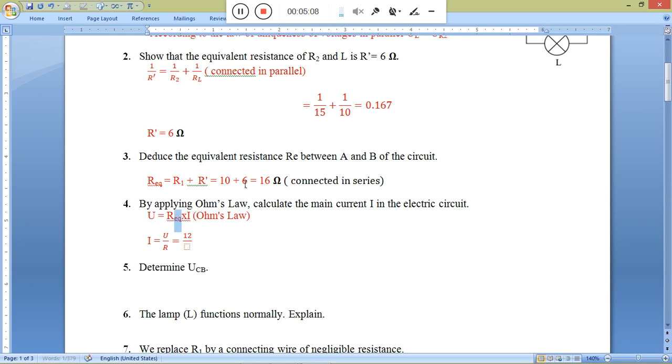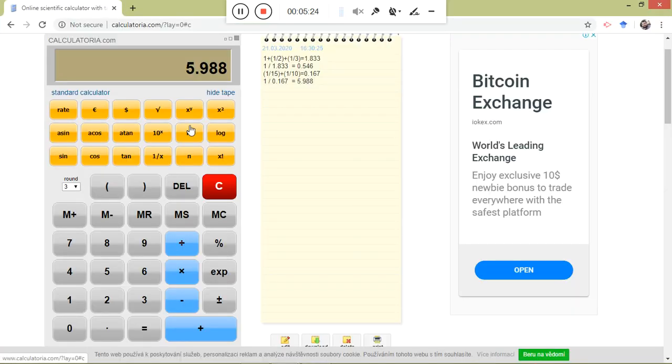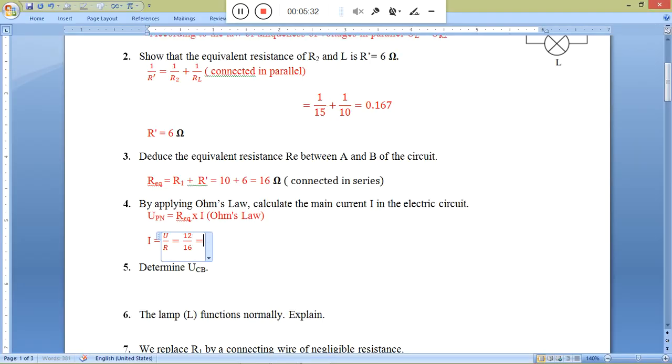So UPN is equal to R equivalent times the main current. R equivalent we calculated as 16 ohms. So 12 over 16, let's try. 12 divided by 16 is equal to 0.75. The SI unit of current is amperes.